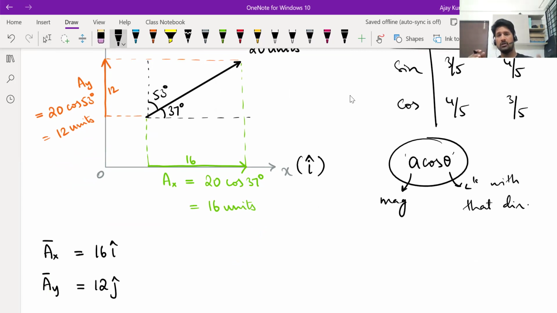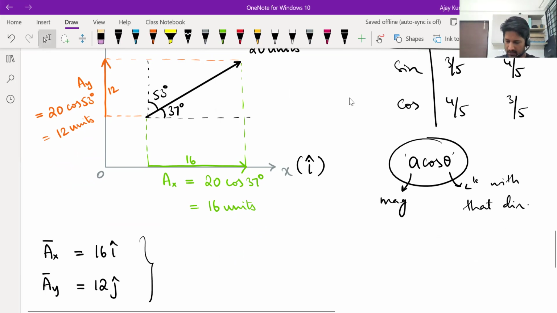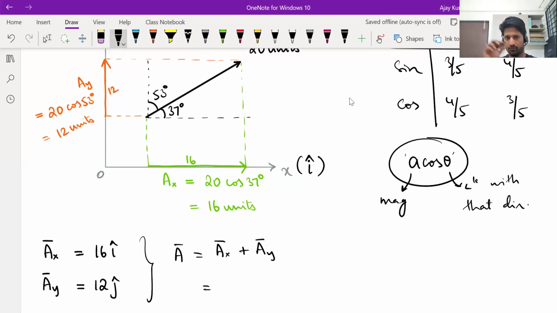So we are able to represent the components mathematically. And we know that the original vector is the sum of its component vectors, right? Therefore, the original arrow of length 20 units can be written as 16 I cap plus 12 j cap. This is the mathematical representation of that arrow.